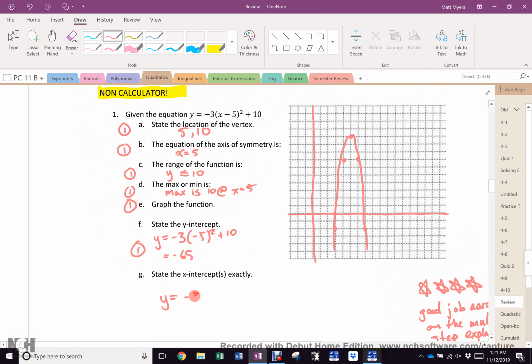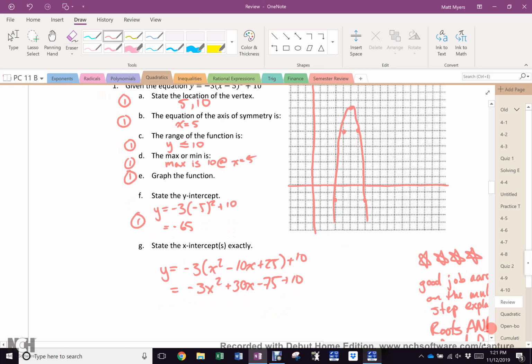Sure. Negative 3x squared minus 10x plus 25 plus 10. Negative 3x squared plus 30x minus 75 plus 10 equals negative 3x squared plus 30x minus 65.